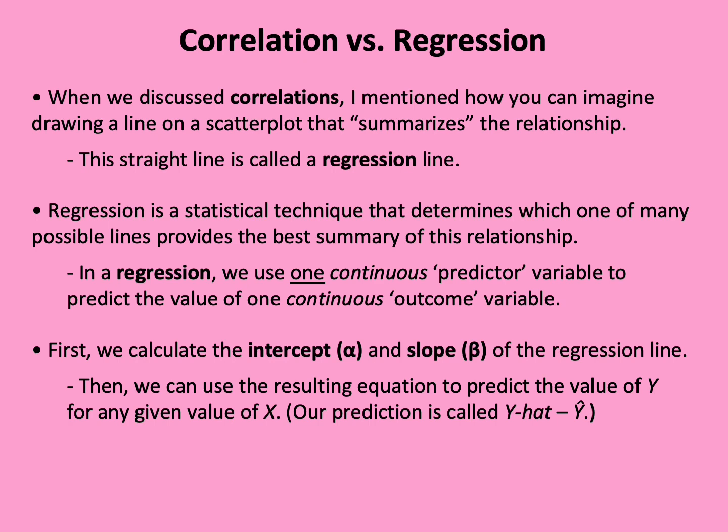When we discussed correlations in my previous video, we talked about scatter plots, right? With a scatter plot, you have one variable graphed on the x-axis and one variable graphed on the y-axis, and you have data points of individual participants referenced in various dots.